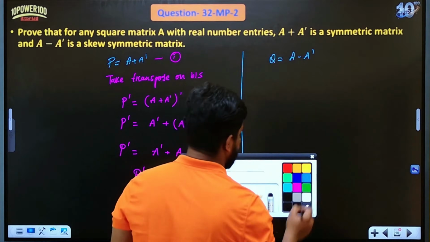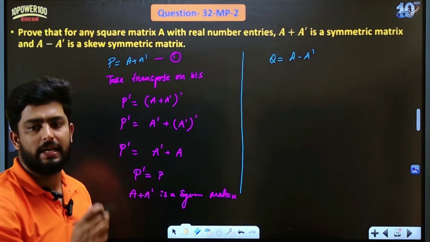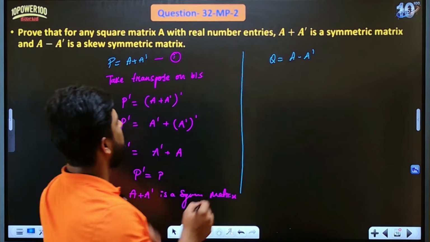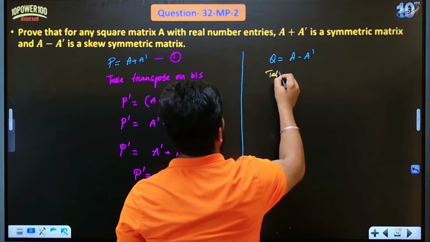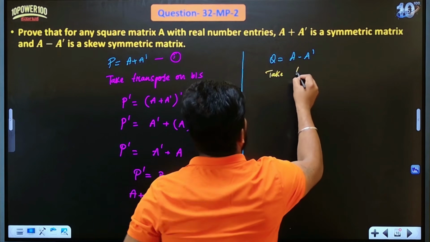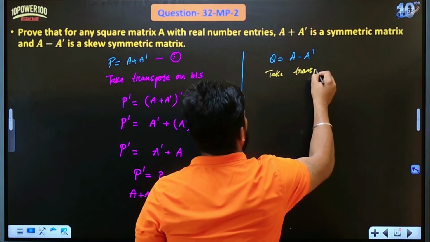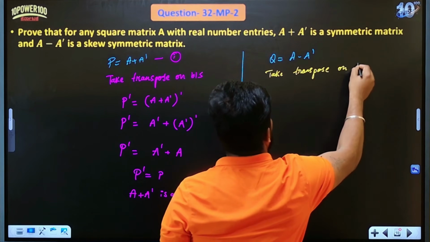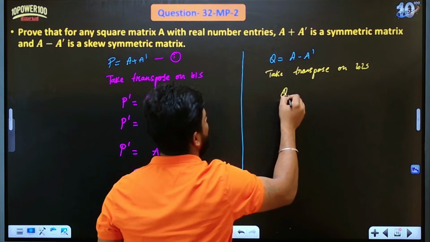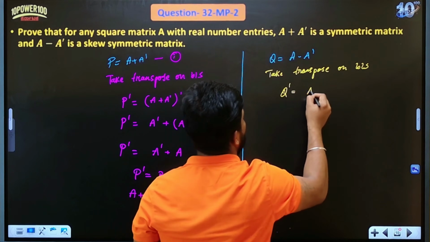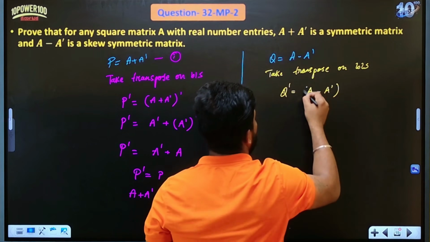Now the second part of this is A minus A dash. It is the same concept we do. So take the transpose on both sides. So Q dash is equal to A minus A dash the whole dash.